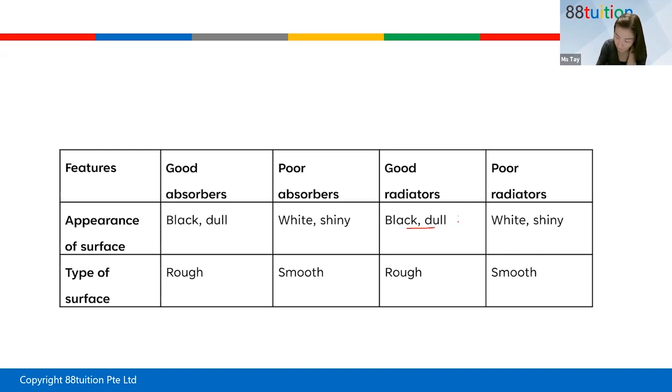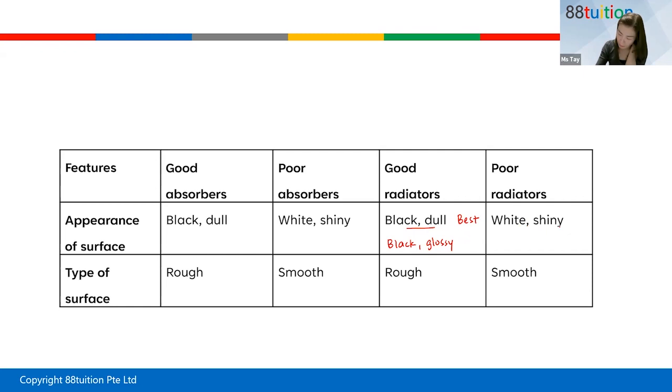Dull black is the best. And then if you have glossy or shiny black, I think glossy sounds better. This one I don't indicate, but you know that dull black will be the best.